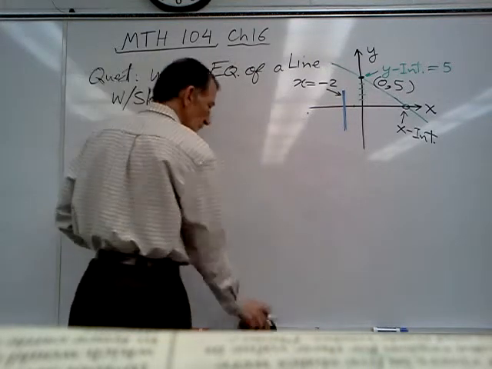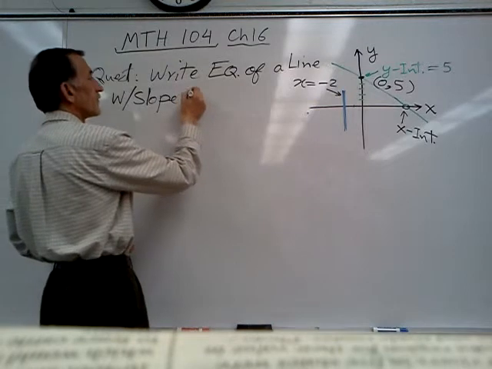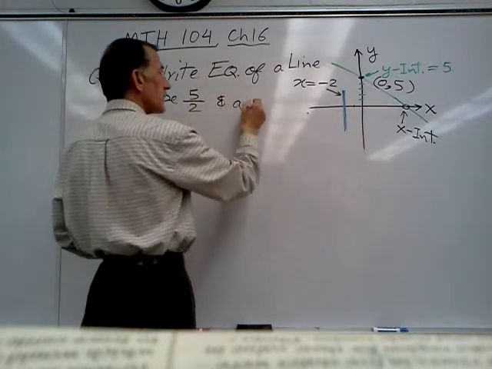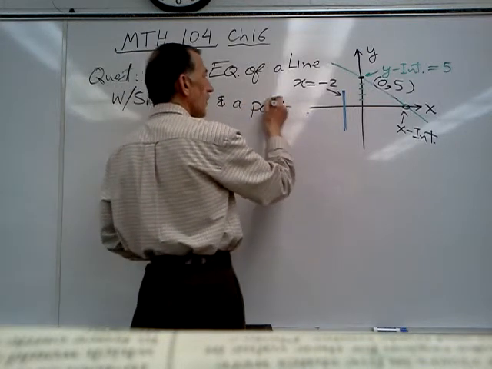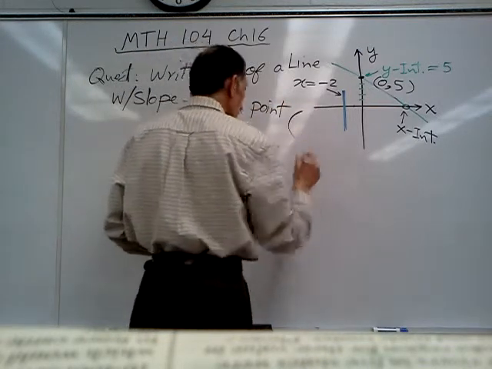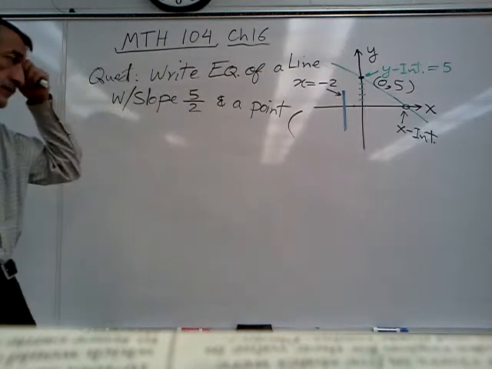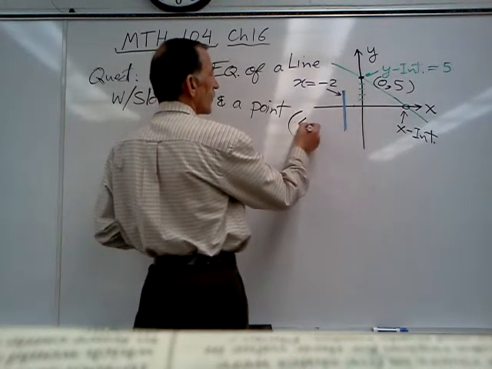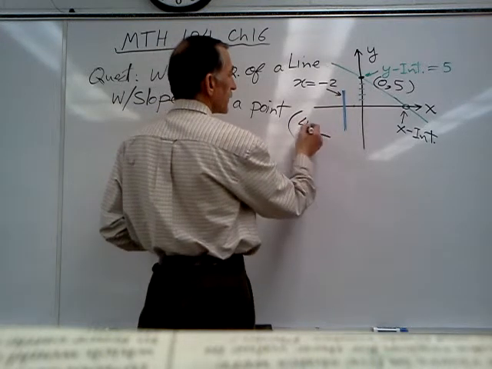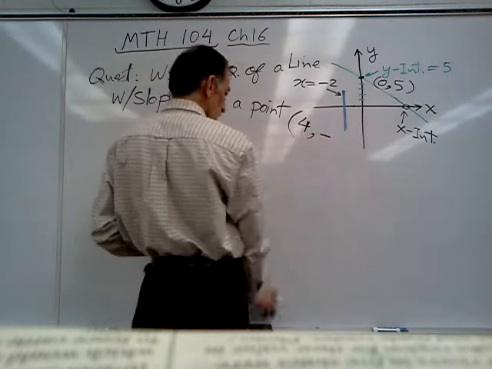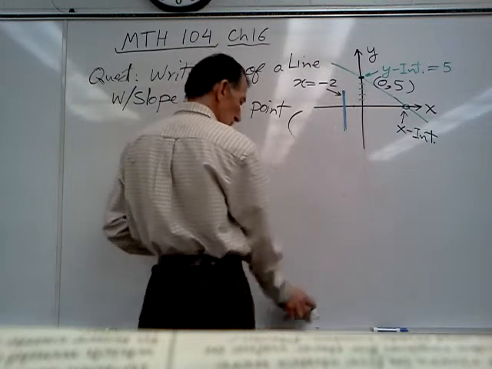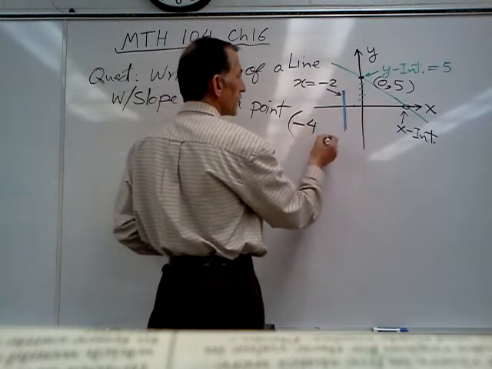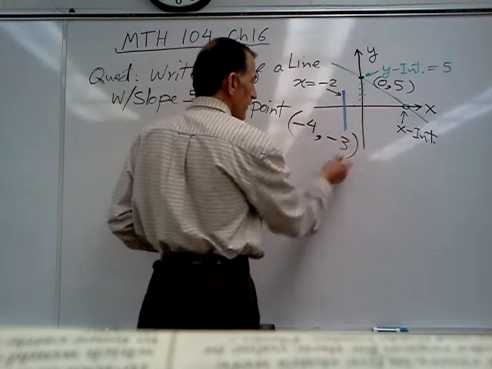Let me give you something else. Let's put 5 over 2 and a point that is 4, comma, negative, well, let's do negative 4, just make everything negative, negative 4, comma, negative 3.